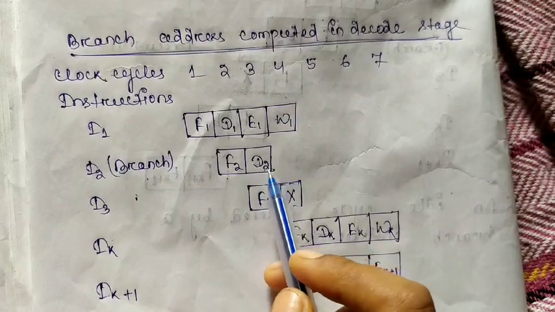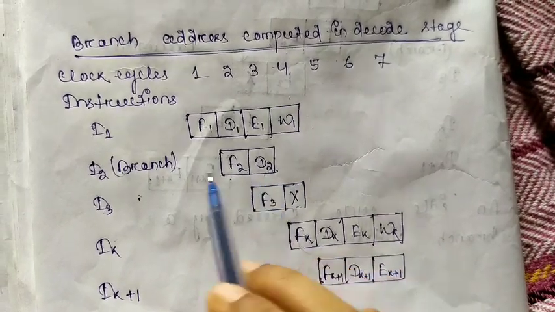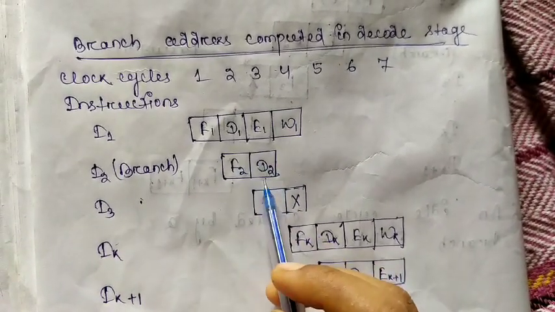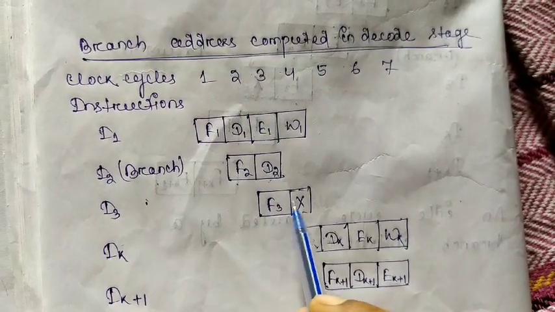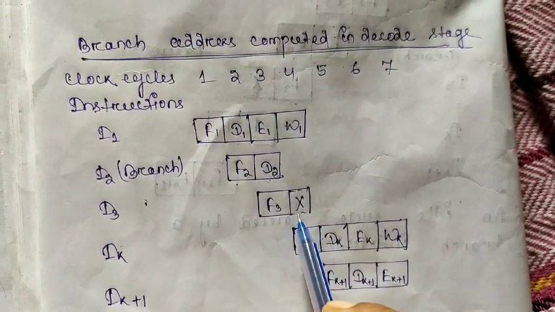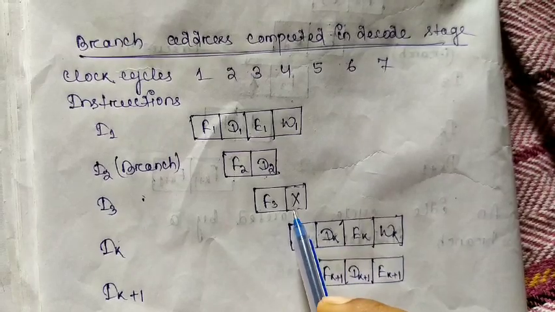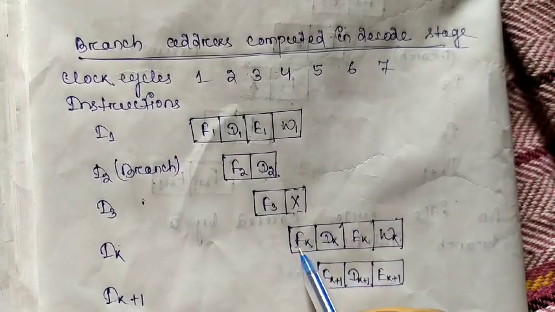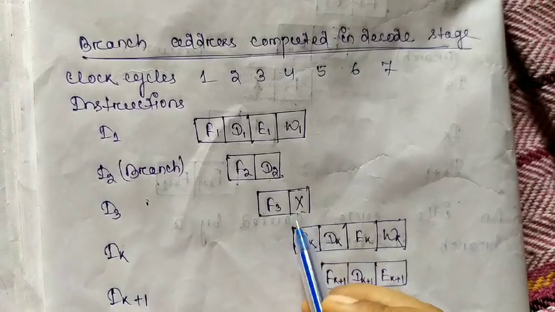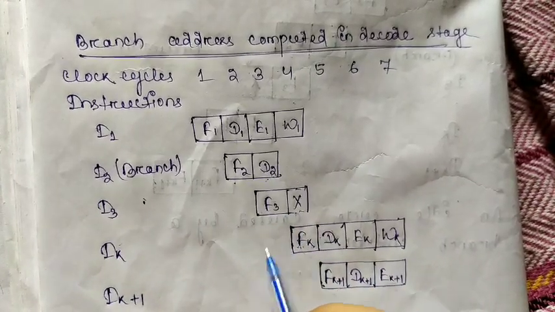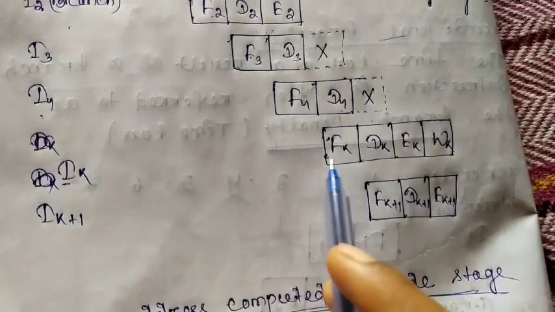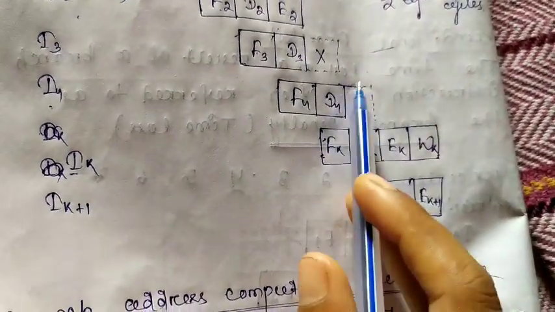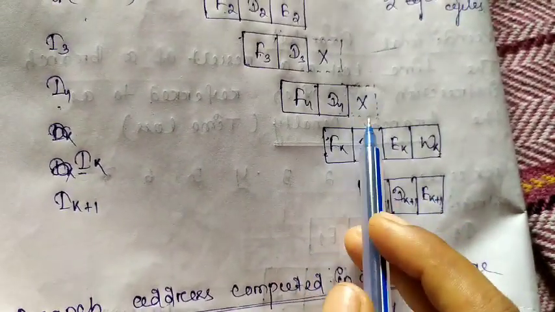If the branch address is computed in the decode stage, then only the I3 decode is halted or discarded. Then Ik can be fetched in the fourth clock cycle, because the next instruction to be fetched is Ik, not I4. Then this 1 clock cycle will be reduced from the branch penalty.